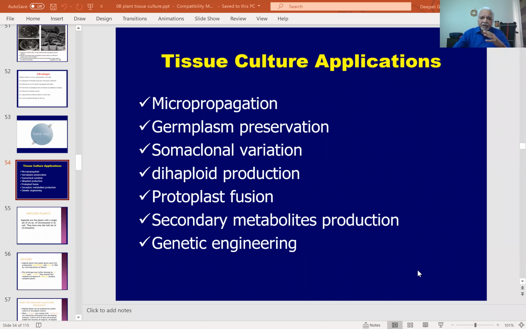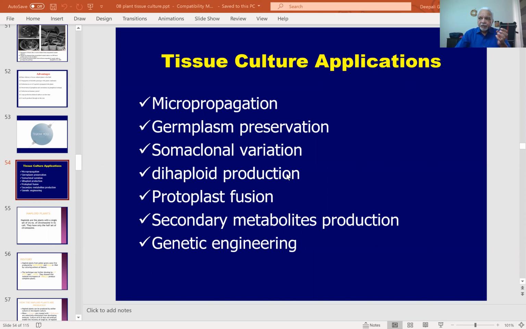So we will dwell upon this event which happened, and it was a breakthrough in the field of plant crop improvement. We will go through very systematically how this discovery was made, and what was the implication of this discovery.